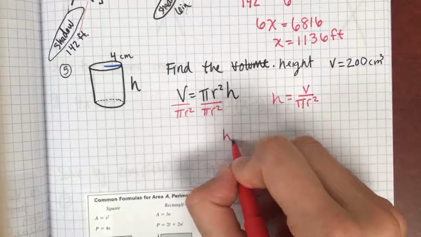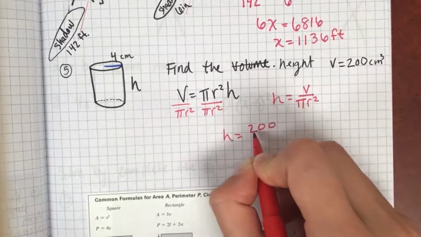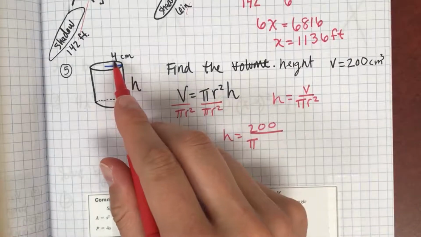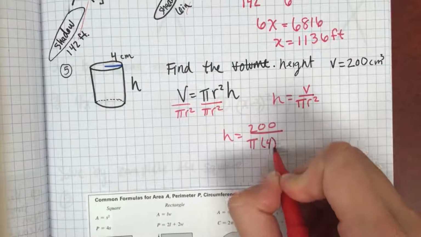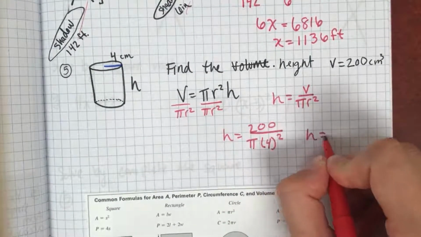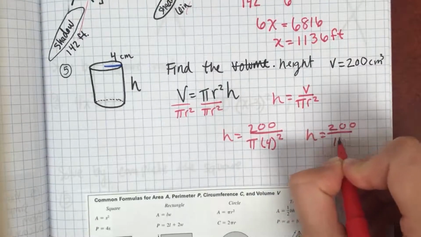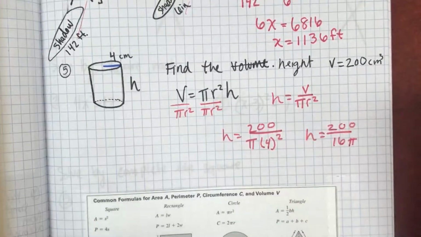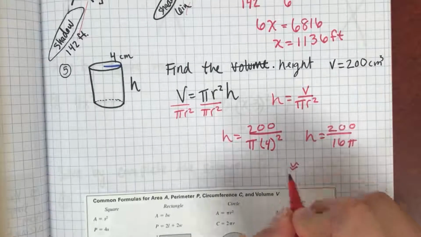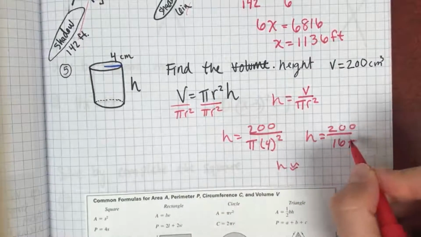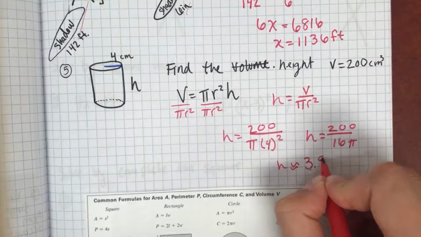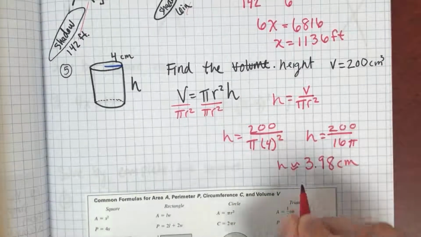So my height equals 200 over pi times my radius, which is 4, so 4 squared. So my height is going to equal 200 divided by 16 pi, and we can simplify that. We actually want an approximate answer because an exact one doesn't make sense when I'm talking about a shape and its height. So that's going to be 3.98 centimeters.